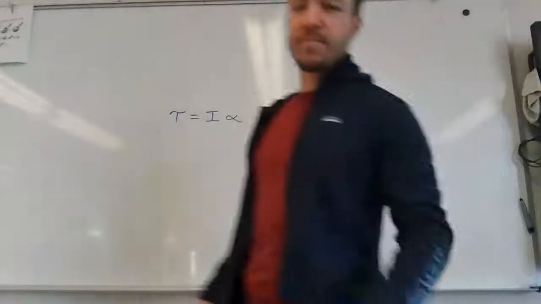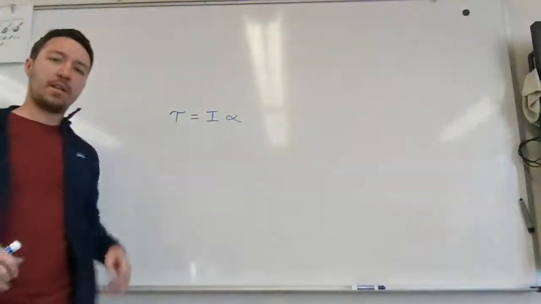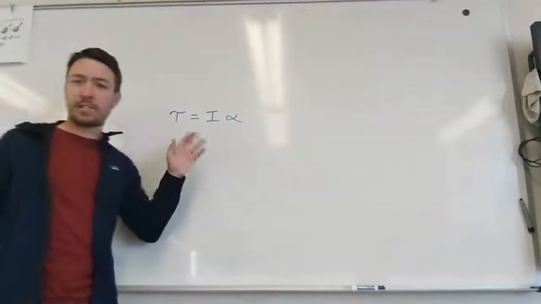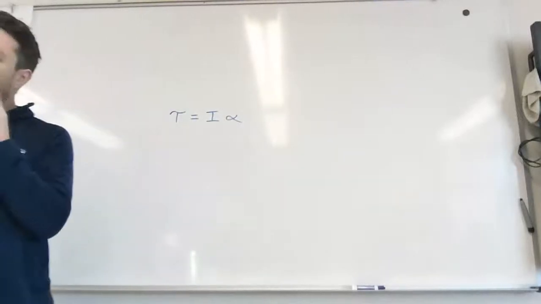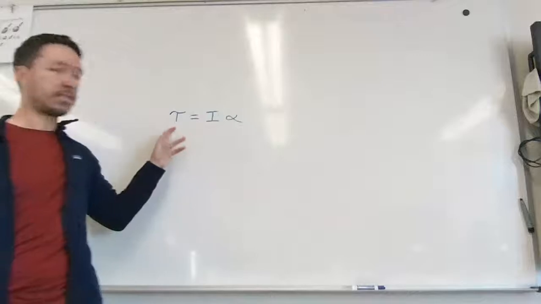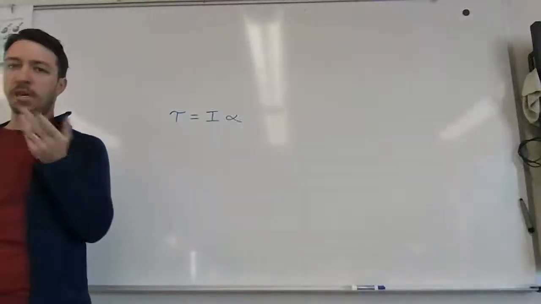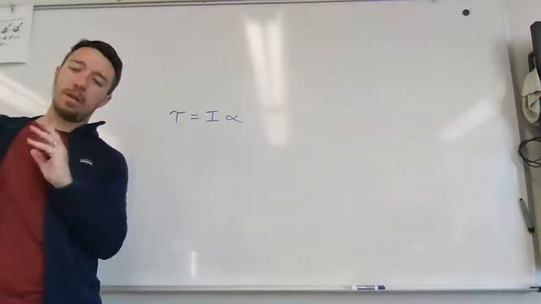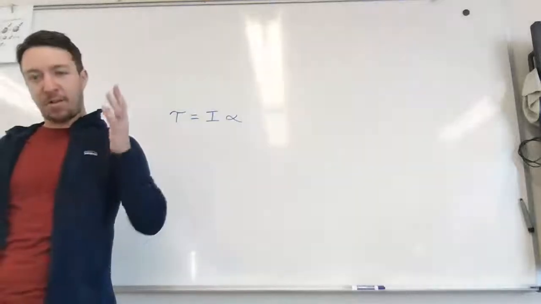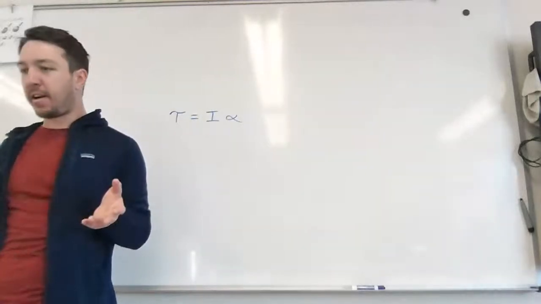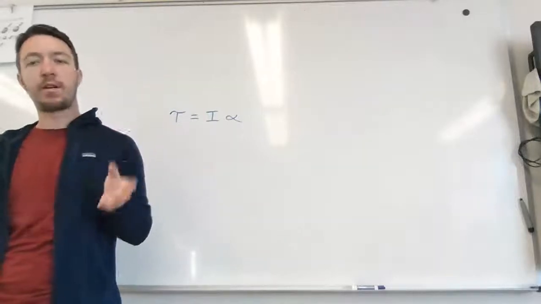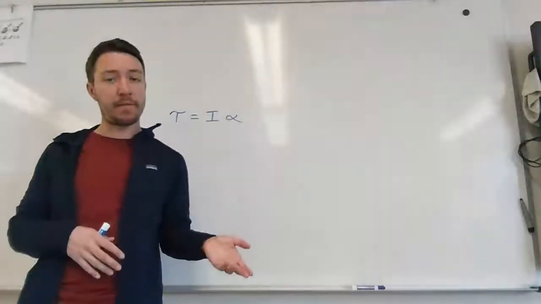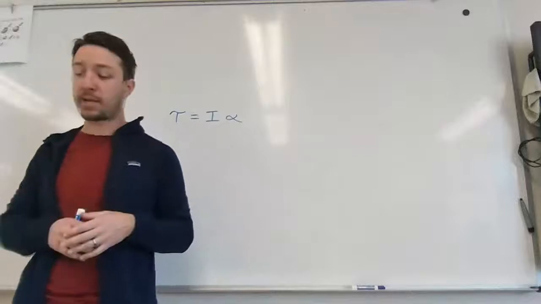Does that all make sense? I hope so, because that's the whole key idea behind the I value. The bigger the I value, the harder it is to spin, the harder it is to accelerate. If you have a smaller I value, you're going to spin more easily and have a bigger acceleration.